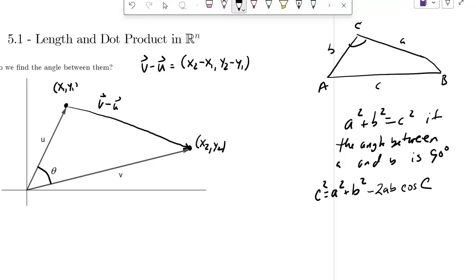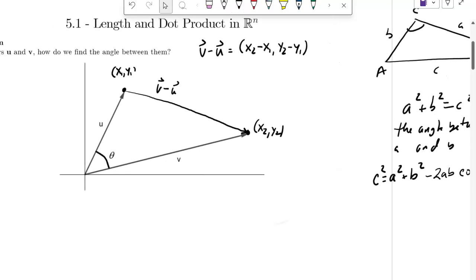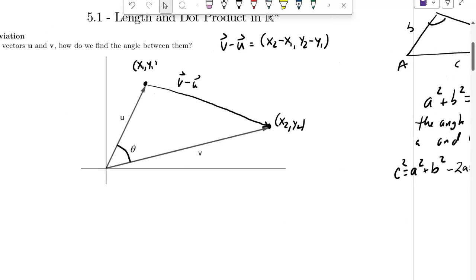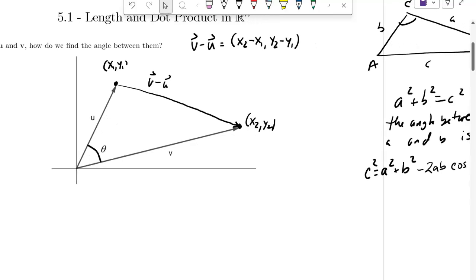All right, we're going to use this to help us talk about why we care about dot product. You already know how to do dot product, but we're going to talk about where this formula comes from by doing law of cosines. So here would be my angle between. These are my adjacent sides.